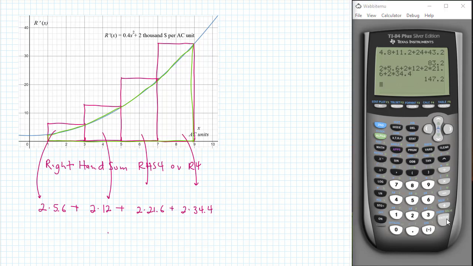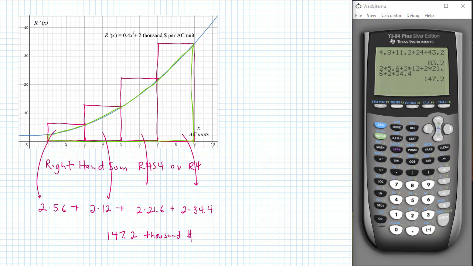And I get 147.2. And just like the other rectangles, this comes out to be thousands of dollars. So an overestimate of the increase in revenue from 1 to 9 units is $147.2 thousand.